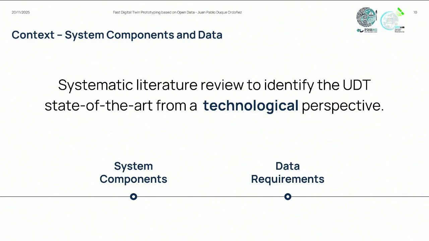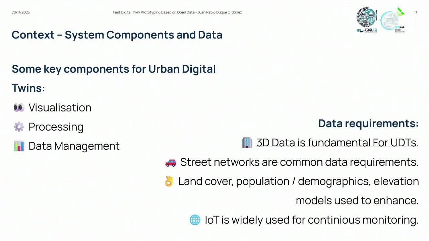With respect to the system components and the data requirements for urban digital twins, the three components we found most important were visualization, processing, and data management, something very similar to the previous presentation. From the data requirements, we found that 3D data is fundamental. Most implementations of urban digital twins use 3D data, and sometimes they say it's a digital twin, but it's more a 3D visualizer.